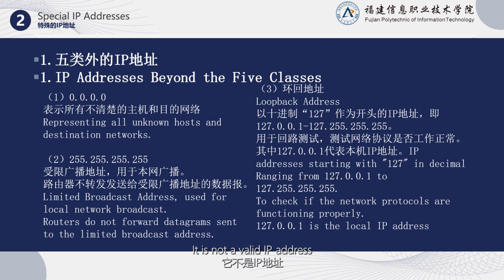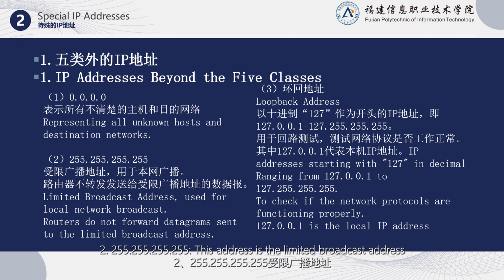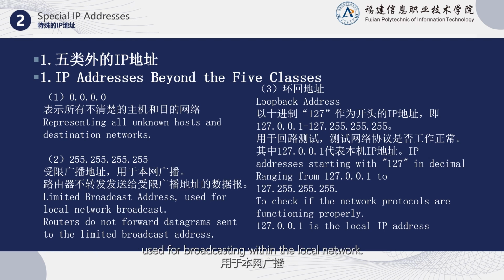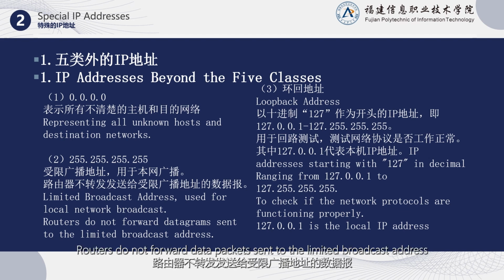It is not a valid IP address. 2. 255.255.255.255. This address is the limited broadcast address used for broadcasting within the local network. Routers do not forward data packets sent to the limited broadcast address.